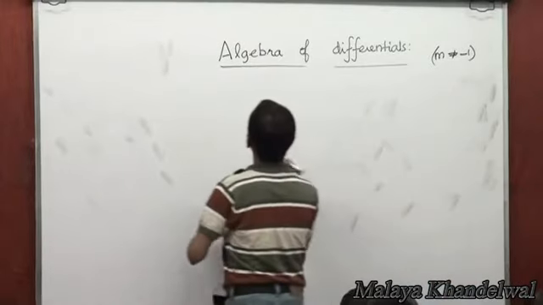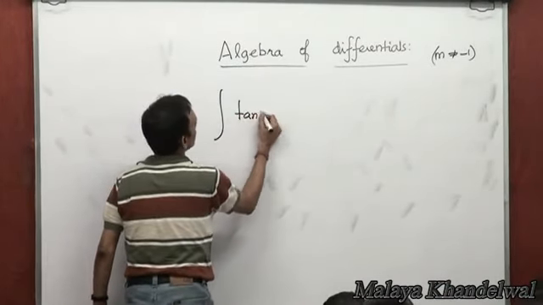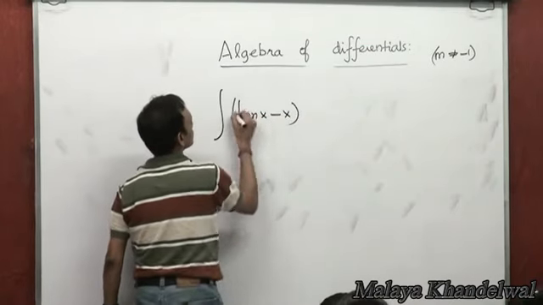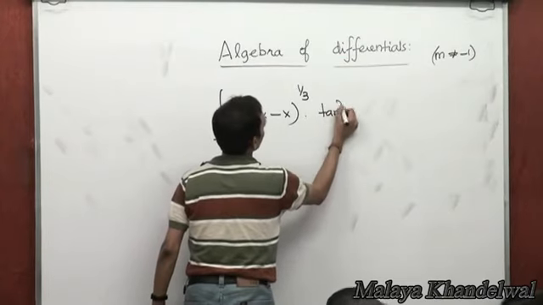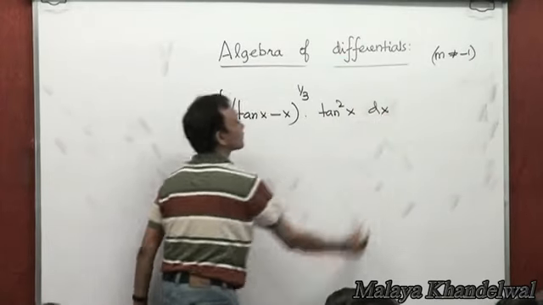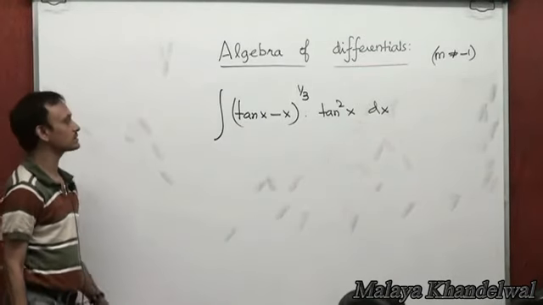Okay, now tell me, integral of (tan x minus x) to power 1/3 into tan squared x.